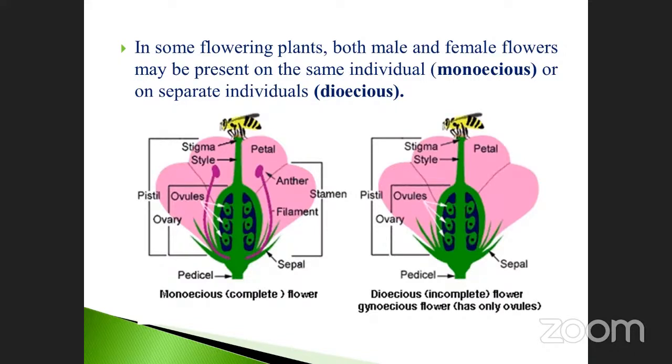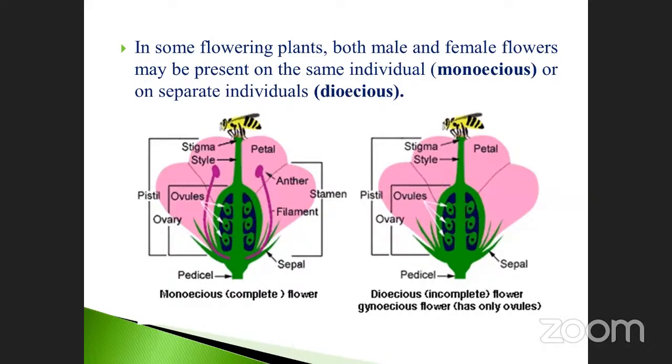The lower part is called pedicel. Pedicel is nothing but the stalk-like structure connected with the flower. And the outermost layer is called sepals, the calyx. The second one is called corolla. And then the stamens, the male reproductive organs, called anther. It is connected with the filament.